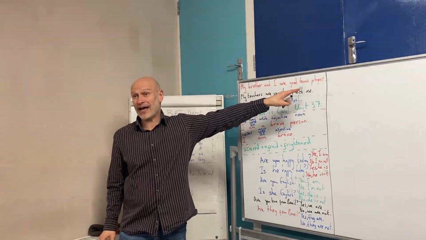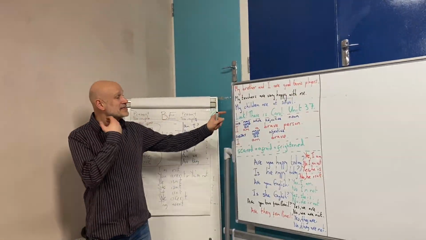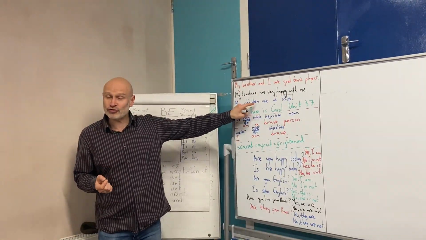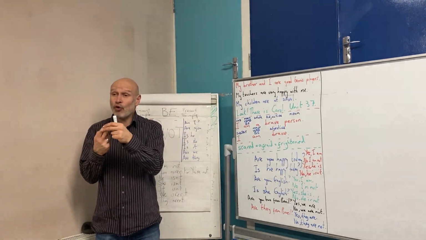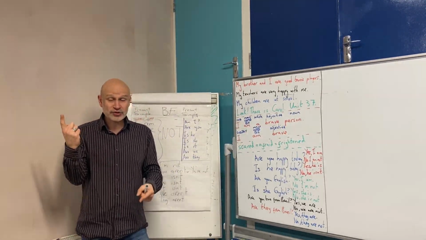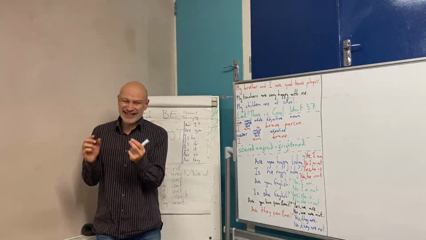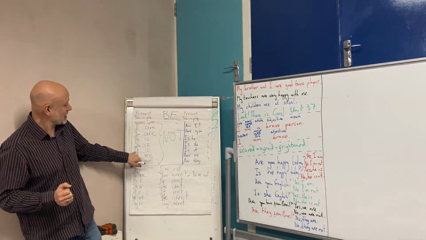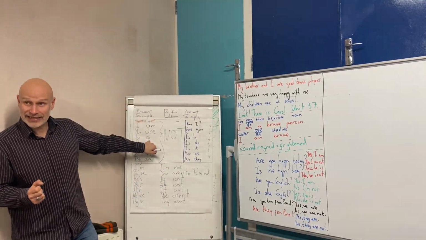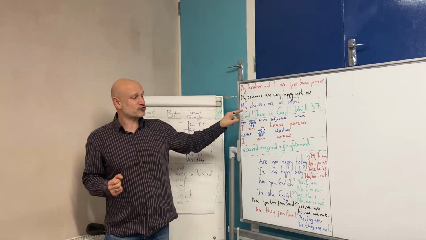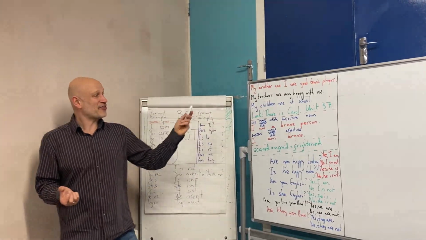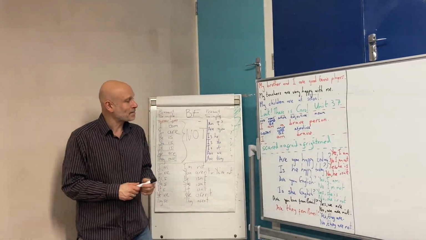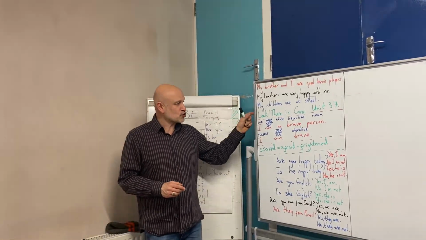They are very happy with me. Same with my children. Children is plural. It is more than one. One child, you could say my child is at school, because it would be he is at school or she is at school. But my children, they are at school. And then we had an unusual one.